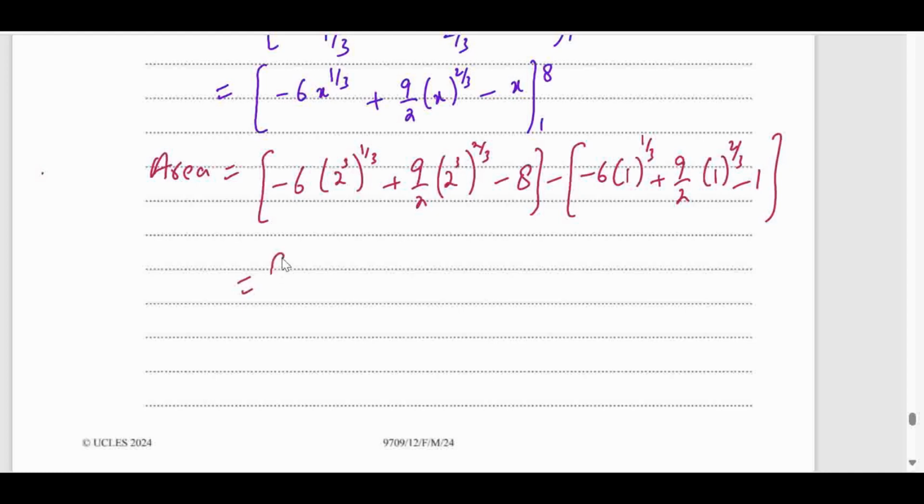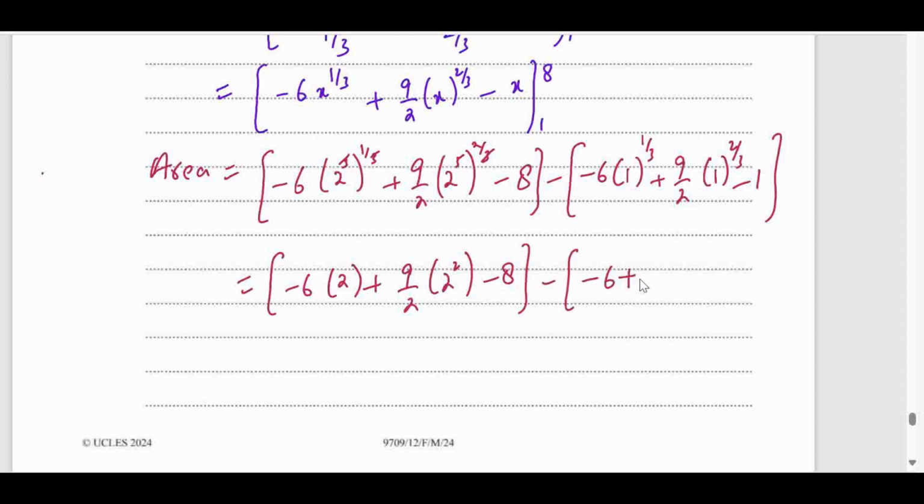Now we can cancel out these two into 2, and this will be 2 power 2, square, minus 8.